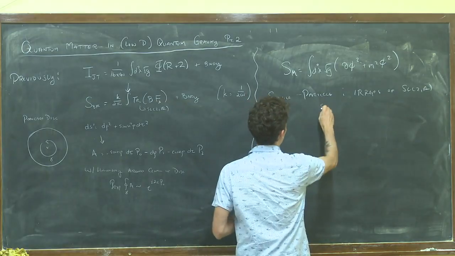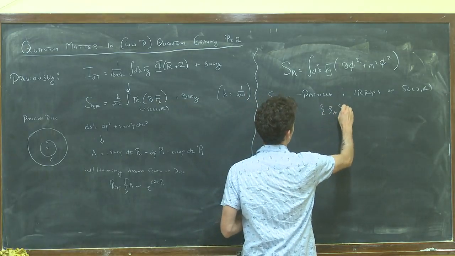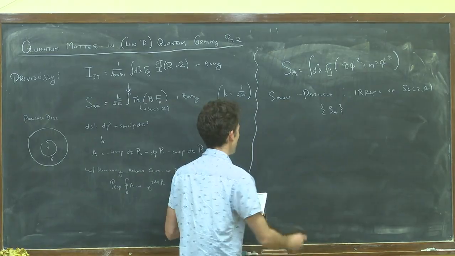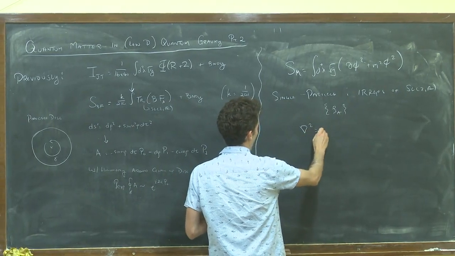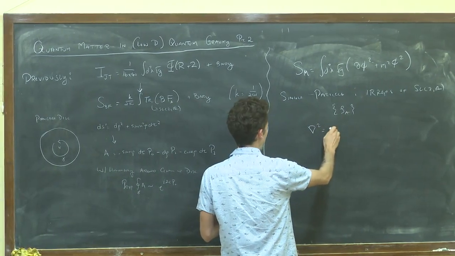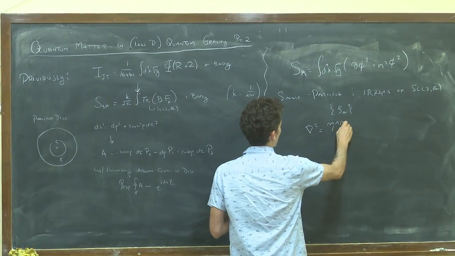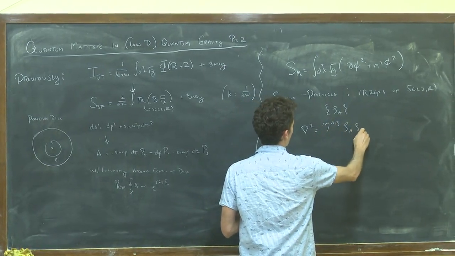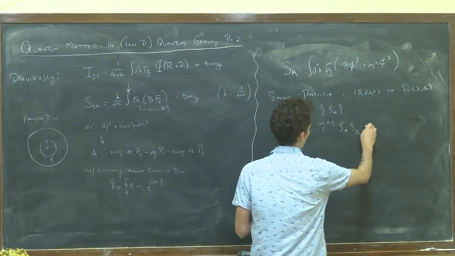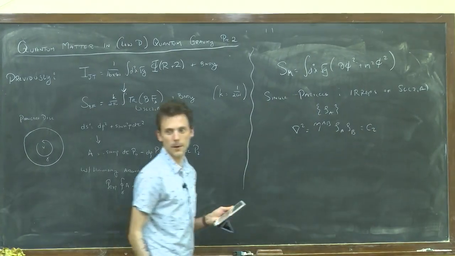But there's a set of Killing vectors I'll call zeta, which obey the SL2R algebra and whose Casimir also realizes the hyperbolic Laplacian acting on these scalar fields, right?